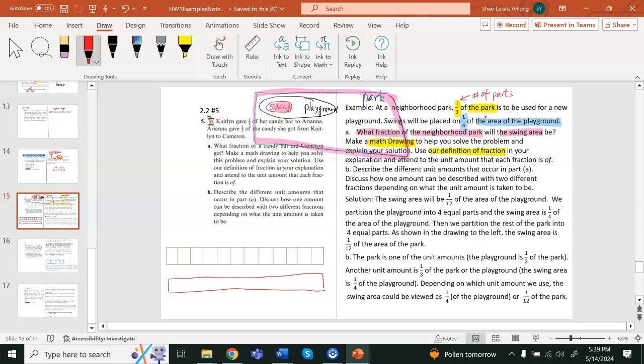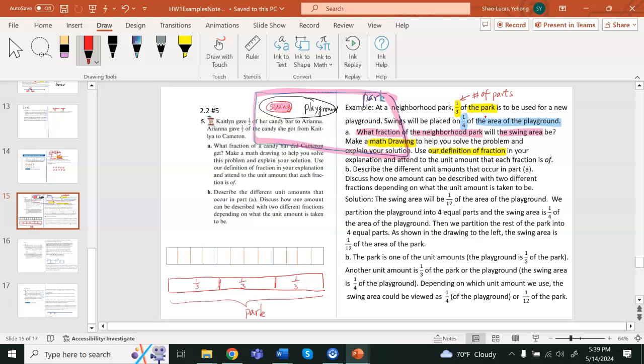The size of each part is 1/3, which means you divide this into 3 equal parts. That's the blue cuts I have here. This whole paper strip represents the entire park, and if I cut this into 3 equal parts, each of them is 1/3 of the park. Next we're going to look at the fraction 1/4.